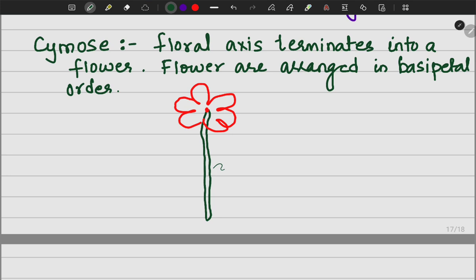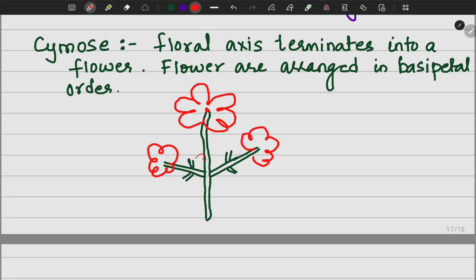Then we will have the younger flowers here. And this may have buds. That shows that younger flowers will be born laterally in basipetal succession, like this.